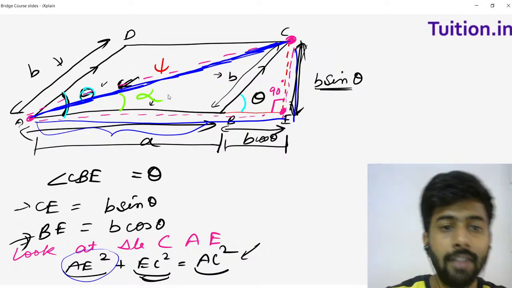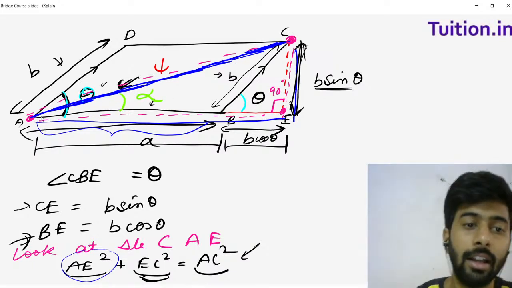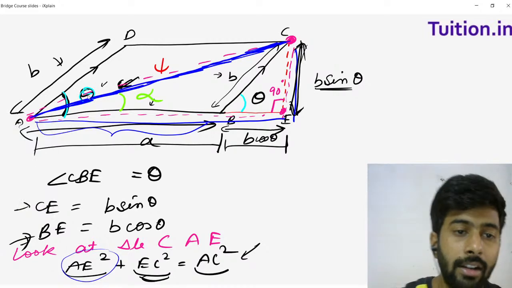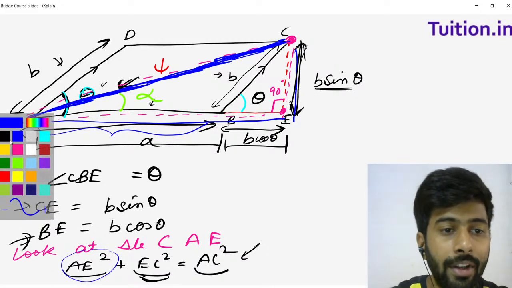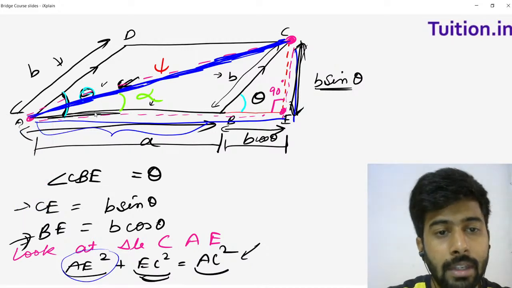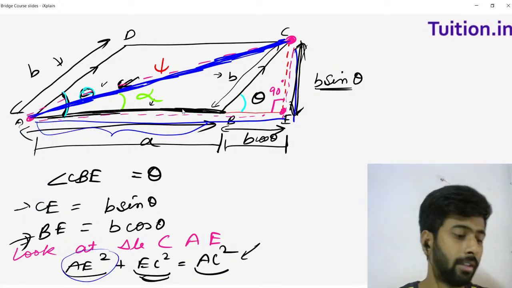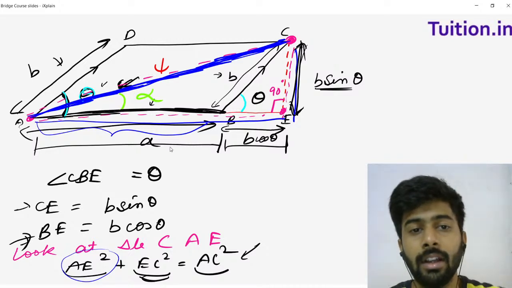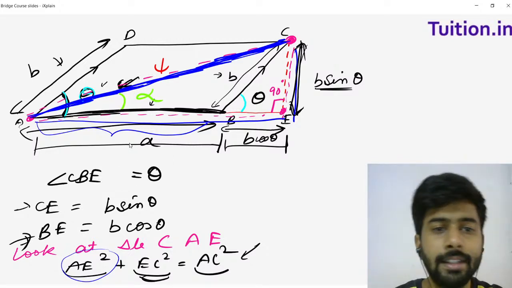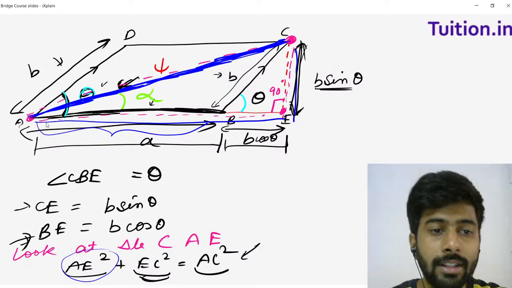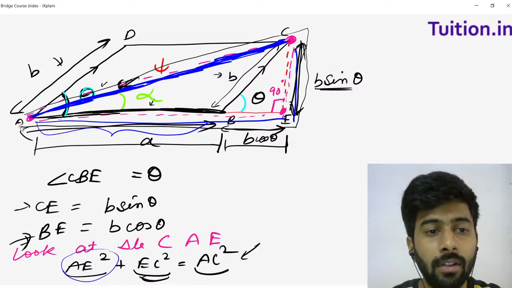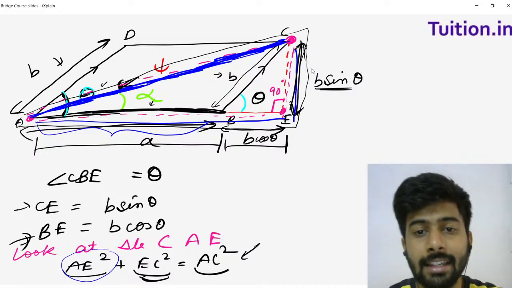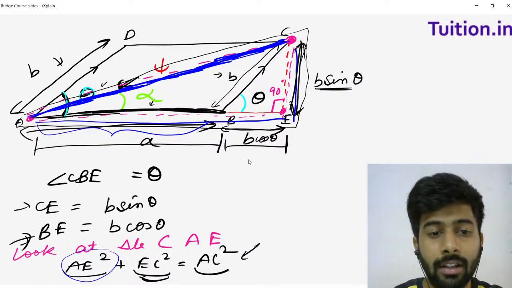So if this angle is alpha, what is alpha? Alpha is the angle that AC is making with AB. That is your alpha. Can you find that? It's very easy. Once again, you will consider the same outer triangle. You will consider ACE. Okay.